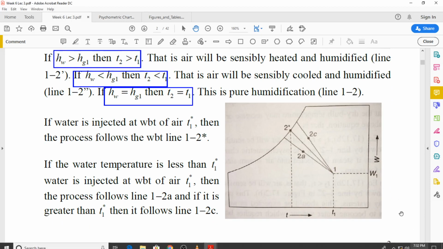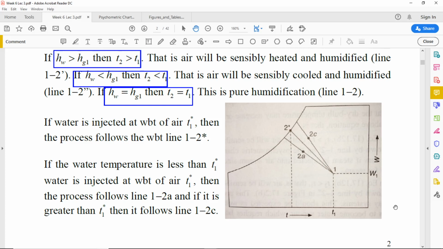They are again described to you: if the water is injected at a temperature which is equal to the wet bulb temperature of air at state 1, it will follow the constant wet bulb temperature line, that is 1 to 2 star.